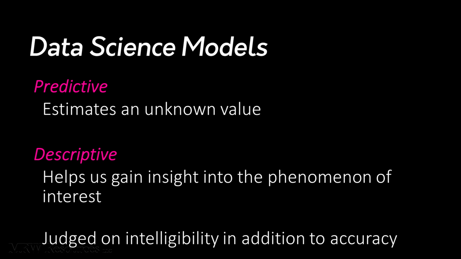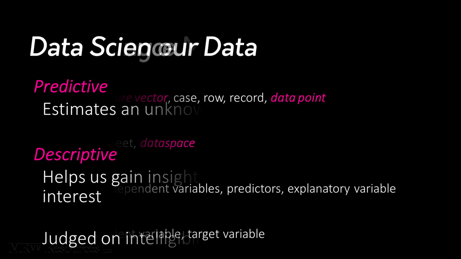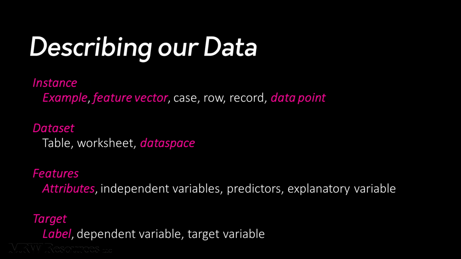As you deal with data sets, you're going to find that you hear lots of different terminology that basically means the same thing. So in describing your data, a lot's going to depend on who you're speaking with, what you're reading, what the reference discipline is. For example, we have an instance which represents one record in our data set.